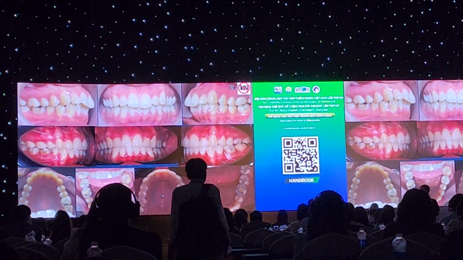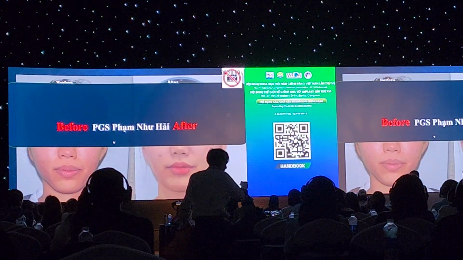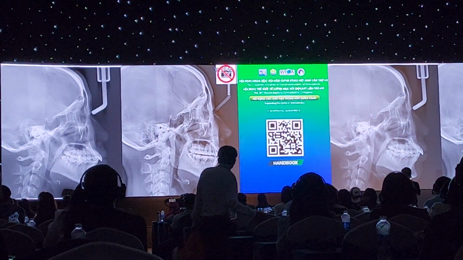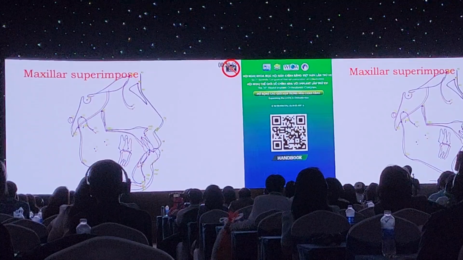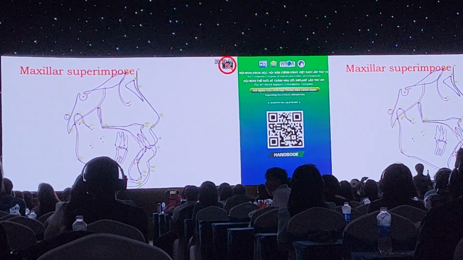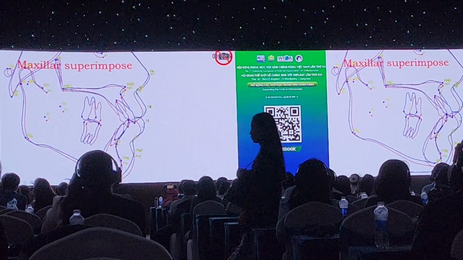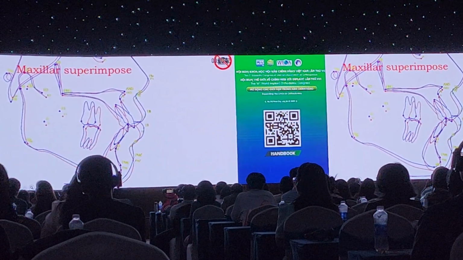Pictures before and after, patient before and after. And the cephalometry, I traced and used a superimposition. In the maxilla, I retracted the incisor.